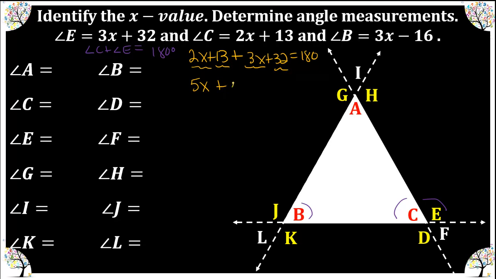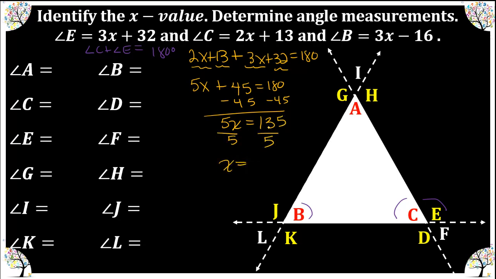That gives us 45. We're going to subtract 45 from both sides. And this gives us 135, and we're going to divide by 5. In our x value, 5 goes into 13 2 times, and then that will be 35, so that will be 27. So let's plug in 27 into any expression.